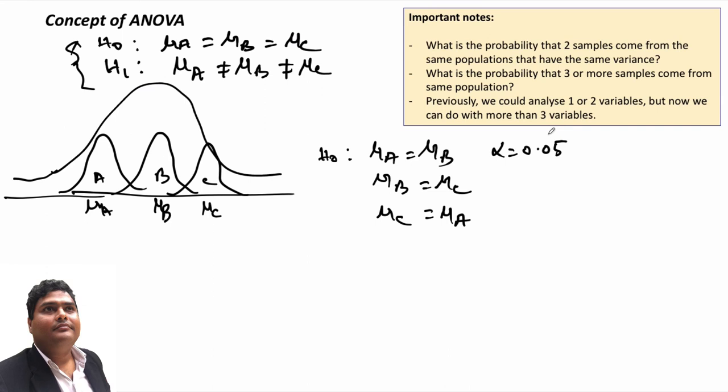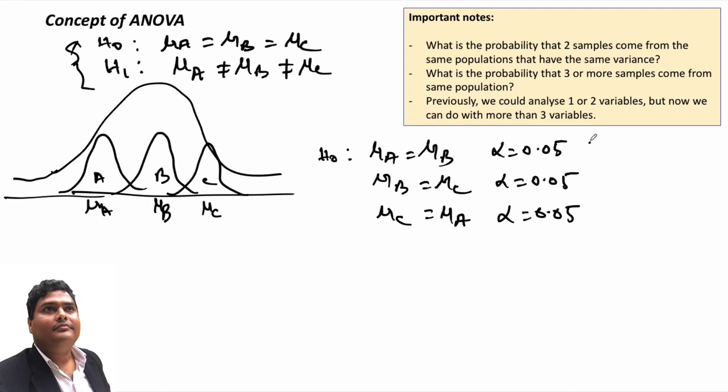So in that case, if I try to prove the null hypothesis, like mu A equals mu B, mu B equals mu C, equals mu A, then the confidence level goes down from 95% to close to 85%. How? Let's say this is alpha equals 0.05. In this case also alpha equals 0.05, and in this case also alpha equals 0.05.